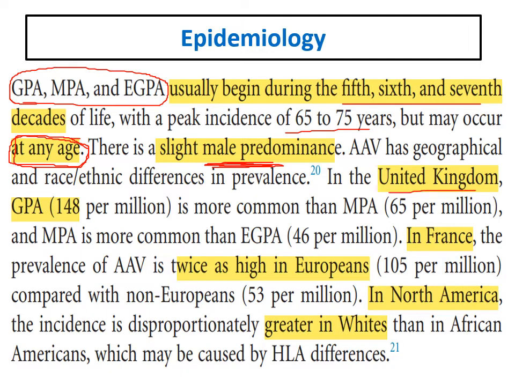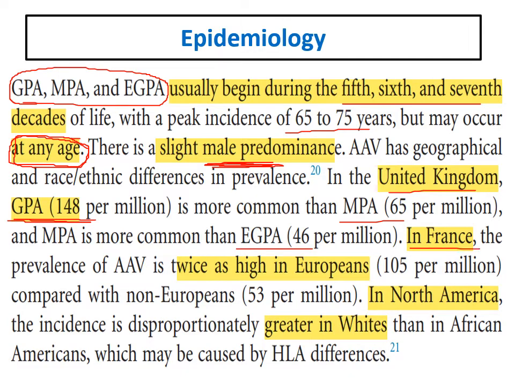In the United Kingdom, granulomatosis with polyangiitis, or Wegener, is the most common of the three types, more common than microscopic polyangiitis, followed by Churg-Strauss, or eosinophilic granulomatosis with polyangiitis. So Wegener, microscopic, then eosinophilic.